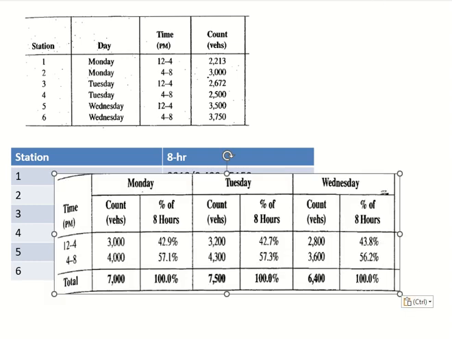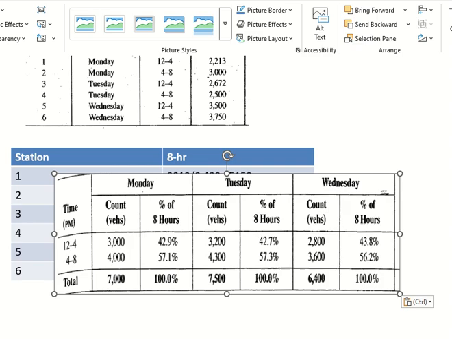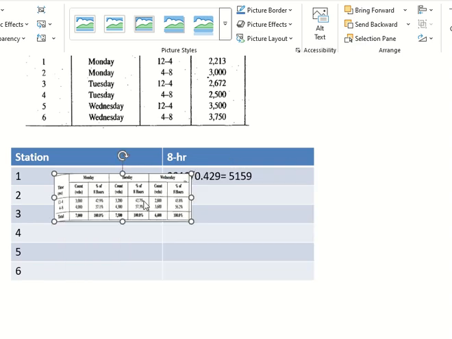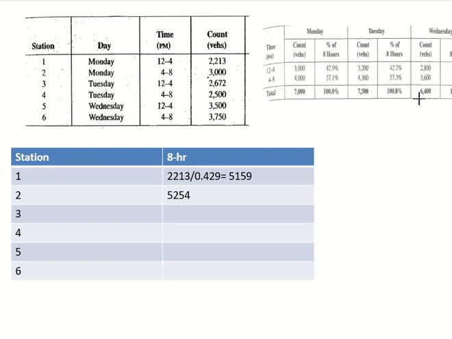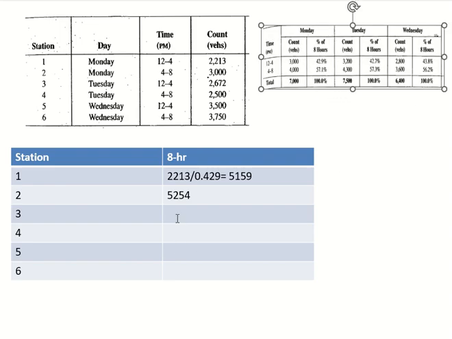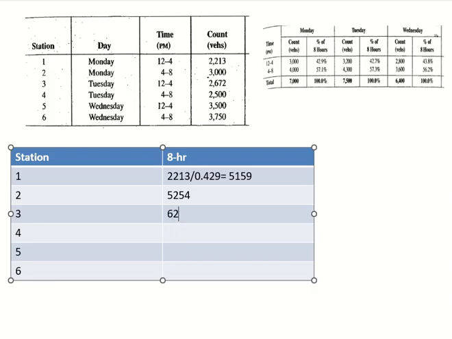Six two, five seven. Four three, six three. In each case, I am taking the value from here, looking at the day and the hour, and taking the factor from here.